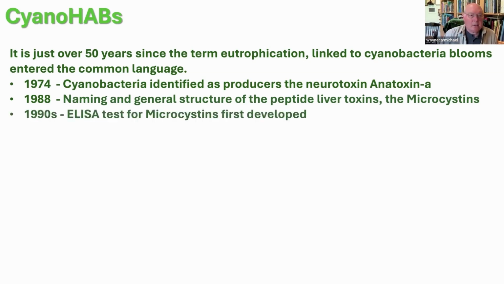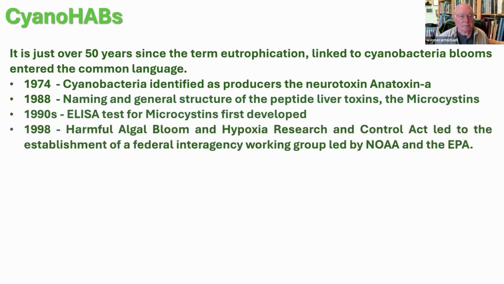In the 1990s, we developed a fairly rapid, easy-to-do test for microcystins called ELISA, enzyme-linked immunosorbent assay. That methodology is still used worldwide now to detect microcystins in water supplies and even in animal tissues.